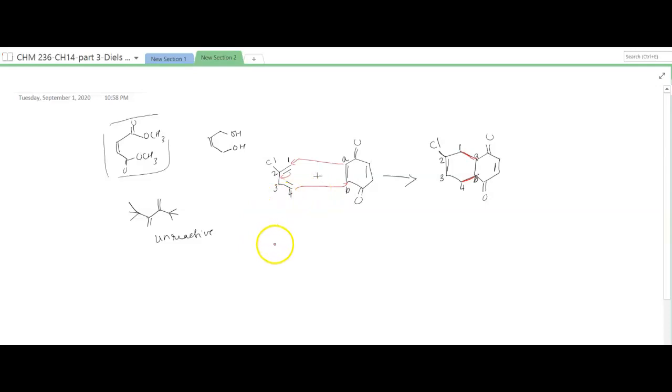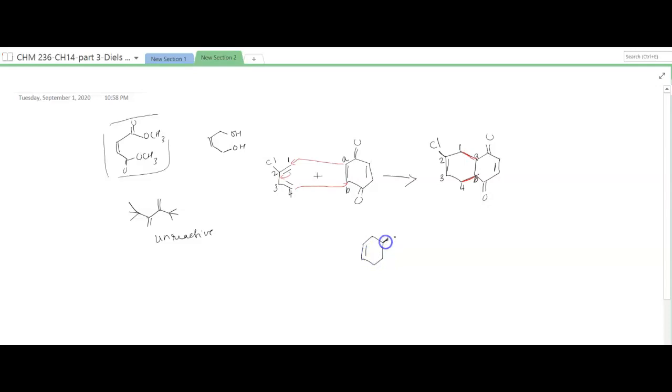Sometimes a question may be asked where the Diels-Alder product is given to you and you are asked to find out the diene and the dienophile that form the product. So for example, if I give you the product as this one. Okay, so this is already your Diels-Alder product.